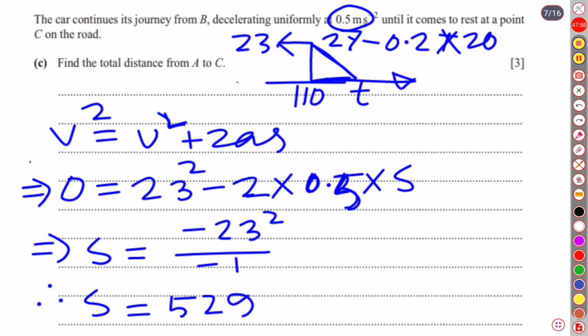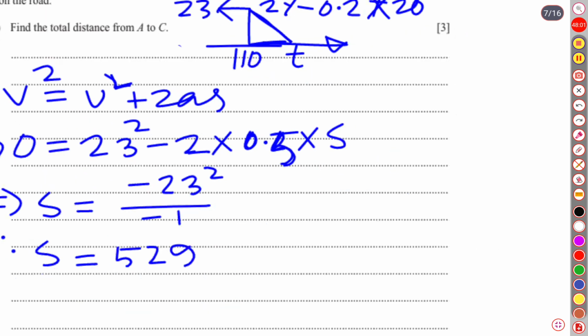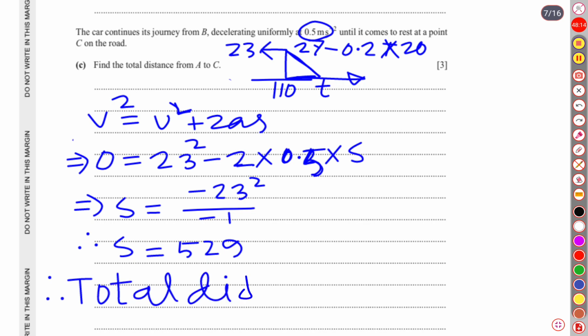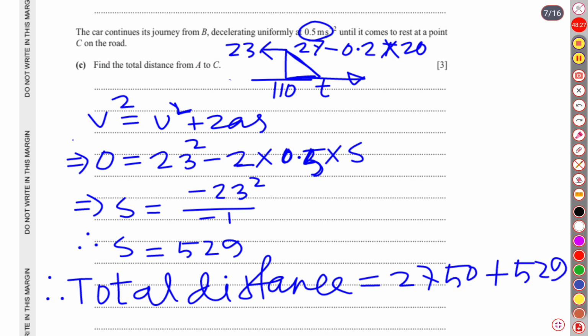So total distance is to be obtained. The distance traversed in the first 110 seconds is given. So total distance is equal to 2750 plus 529, equal to, if we add up, it is going to be 3279 meters.